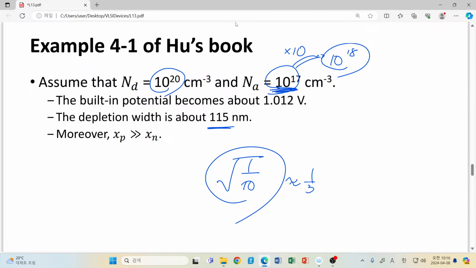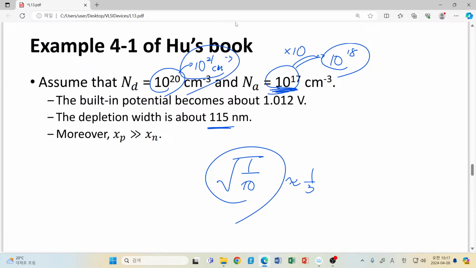Yes. So let me ask you the final question. Instead of changing this 10 to the 17, I change our donor density.